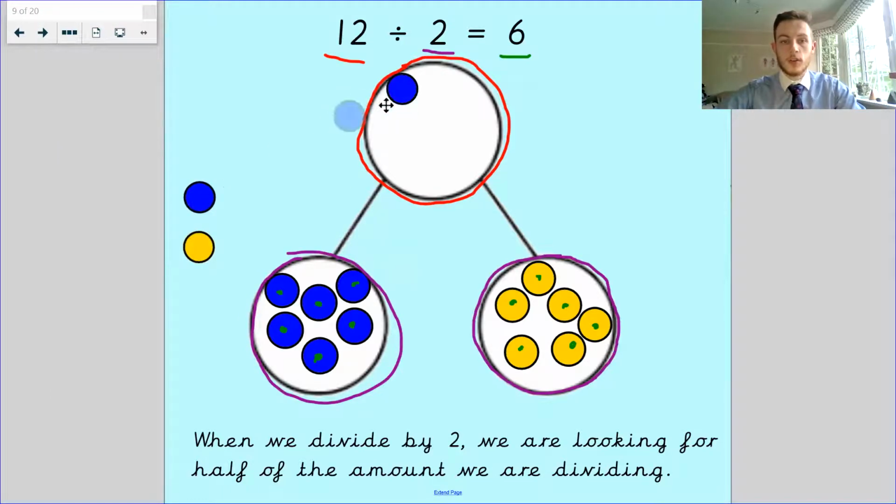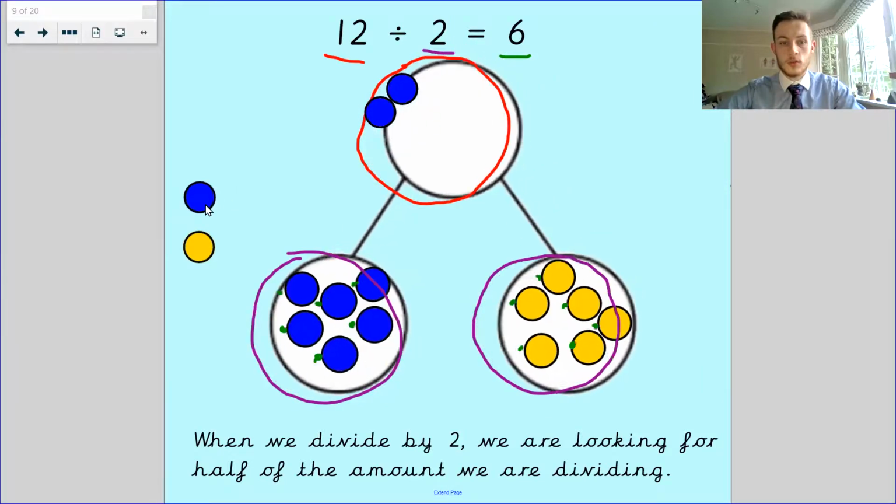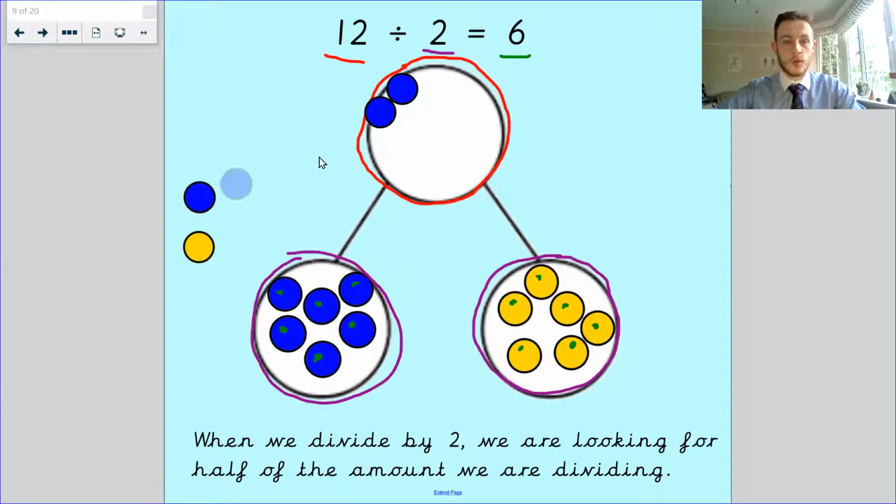So I then put the 6 blues in here without moving the whole thing. 1, 2, 3, 4, 5, 6 blues on this side. And then on the other side, I'd have 6 yellows. If I actually make it an infinite clone, to make sure that I don't just drag the one.